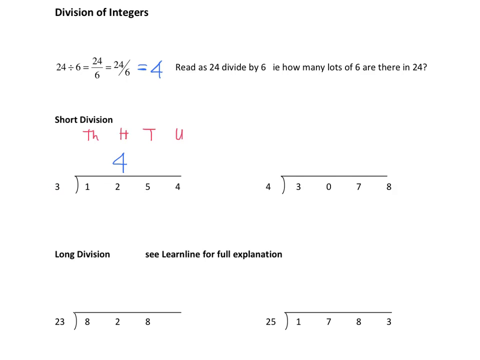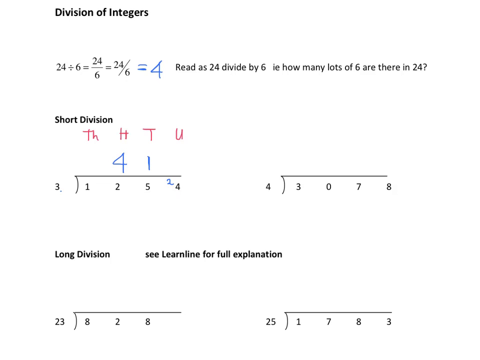Then we read, how many 3s are there in 5? Well, there's 1, isn't there? But there's also 2 left over, and that 2 is a 10. So then we can put the little 2 there and read off how many 3s are there in 24?